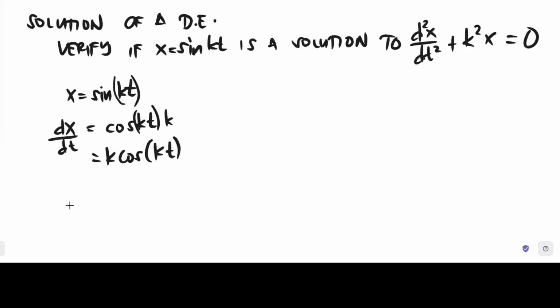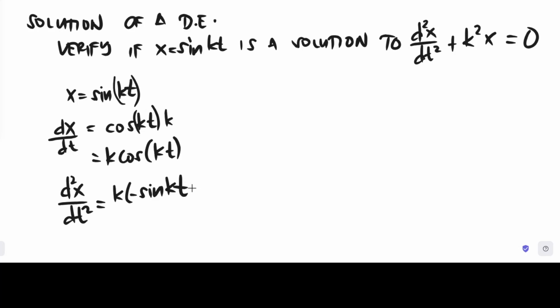Next, for the second derivative, this will be the derivative of, again, k cosine of kt. The derivative of cosine first, that will be k, then negative sine of kt, right?